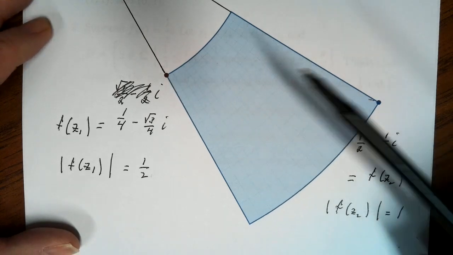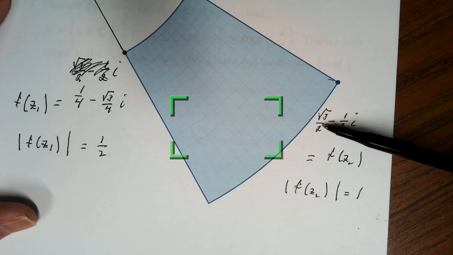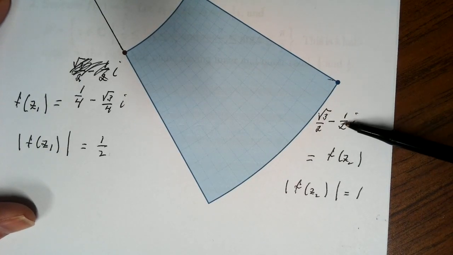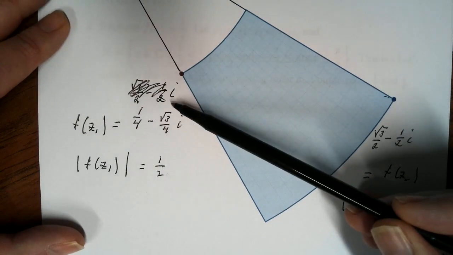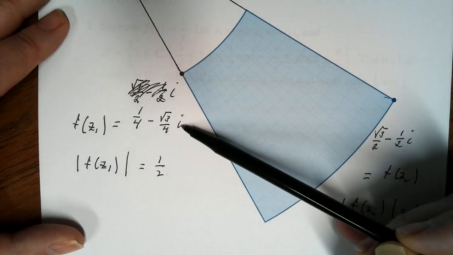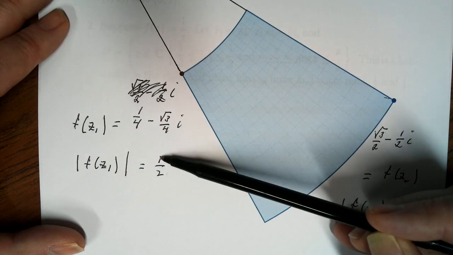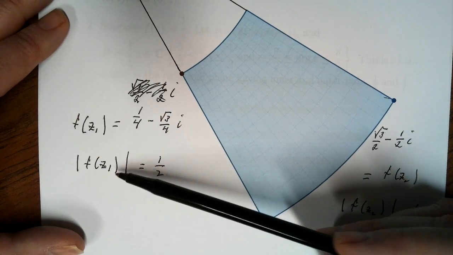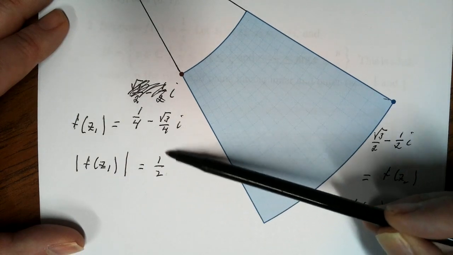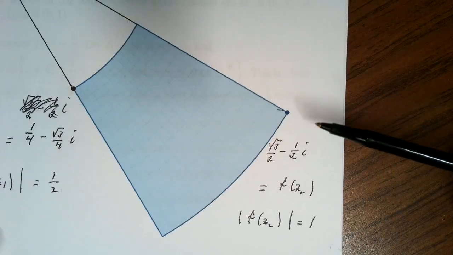On the other hand, f of z2 is root 3 over 2 minus, oh, I got that backwards. Okay, so f of z1 was 1/4 minus root 3 over 4i. Its modulus was 1/2. So z1, which had a modulus of 2, was mapped to a point which has a modulus of 1/2 inside the unit disk.